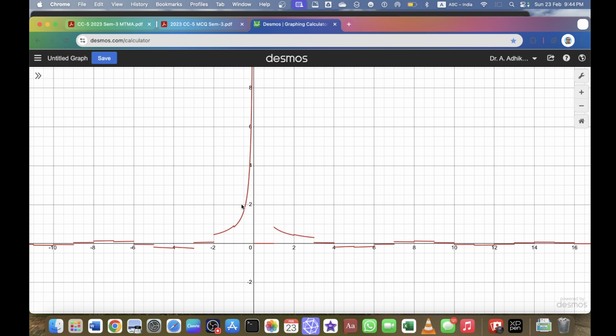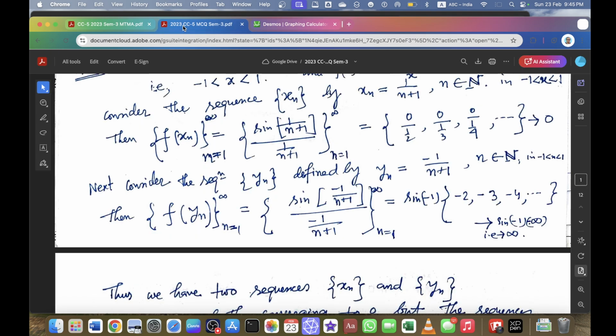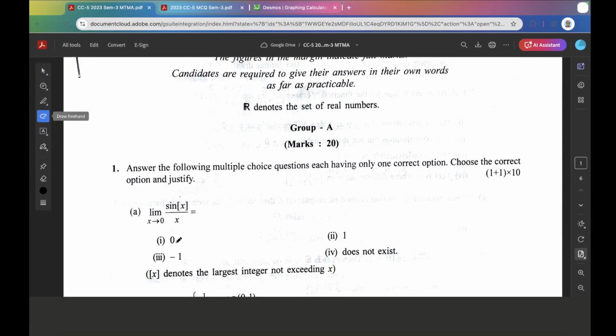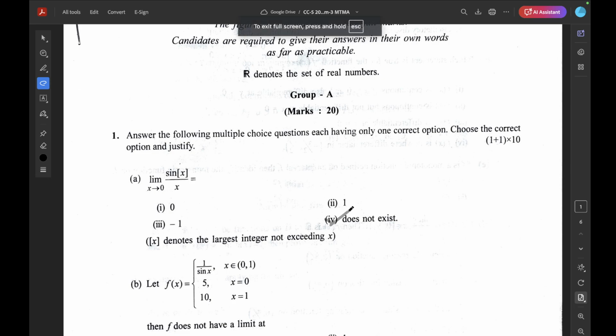So we can see the nature of this graph in the neighborhood of 0 by Desmos. So obviously the correct option is 4, does not exist.